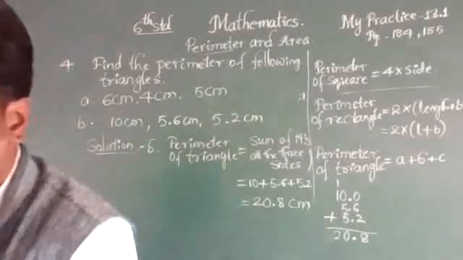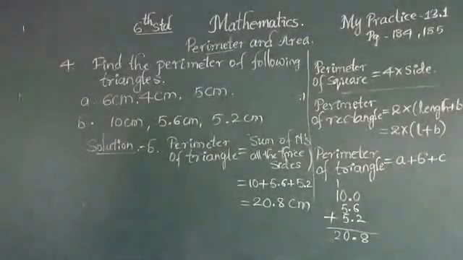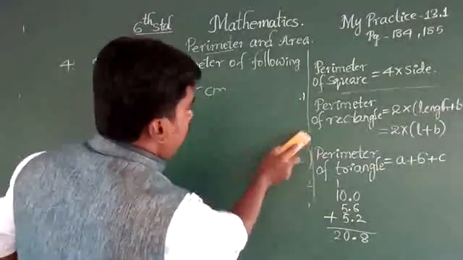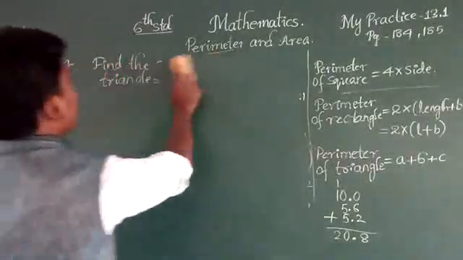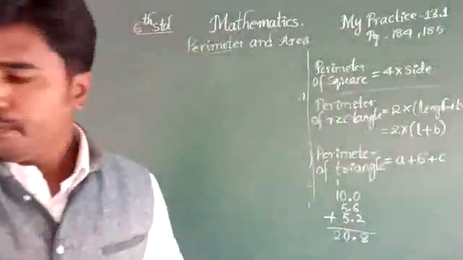So dear children, now the remaining questions are word problems. That is, they have given it in sentences. So try to understand and write the answer. What is the next one? It is the fifth one.